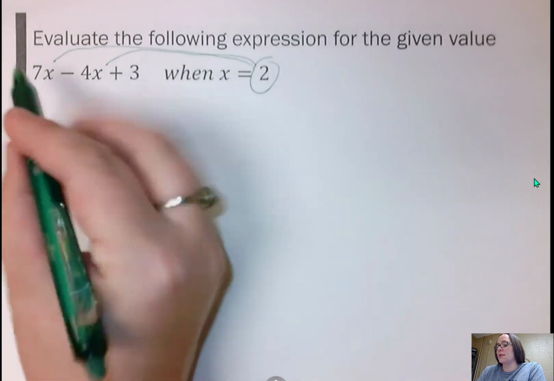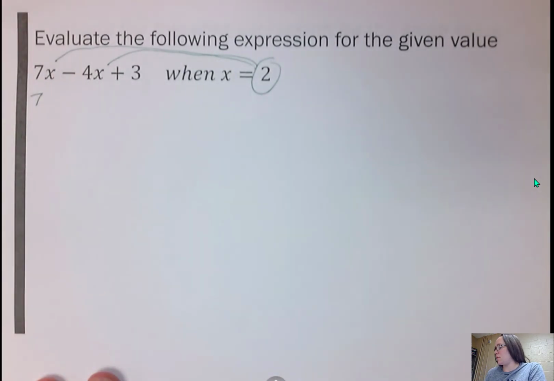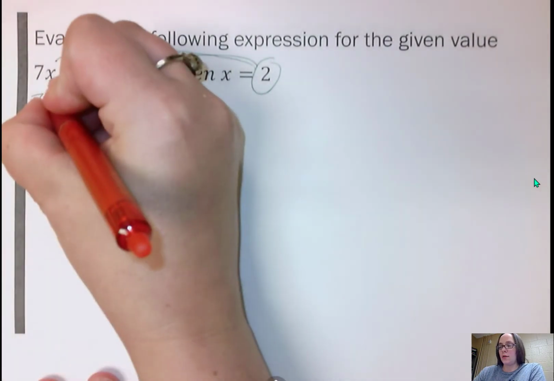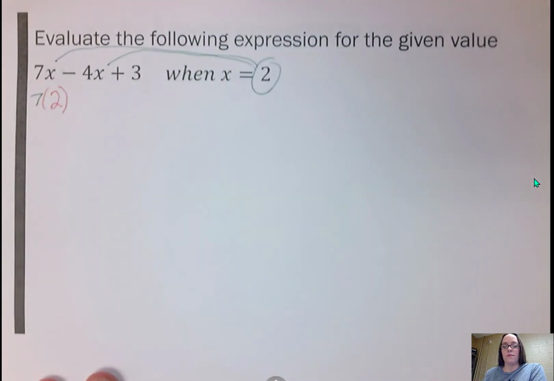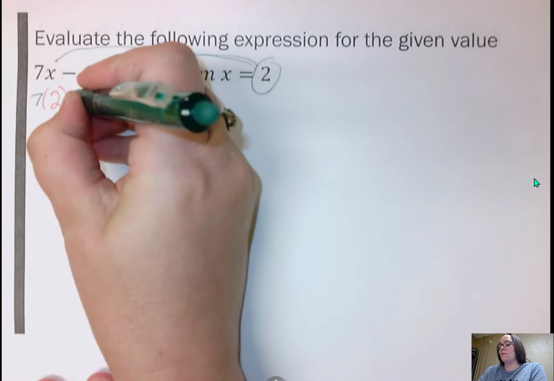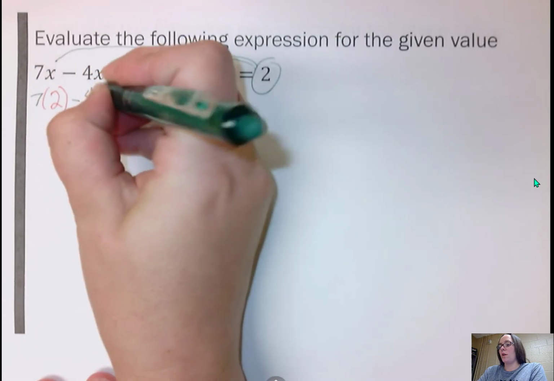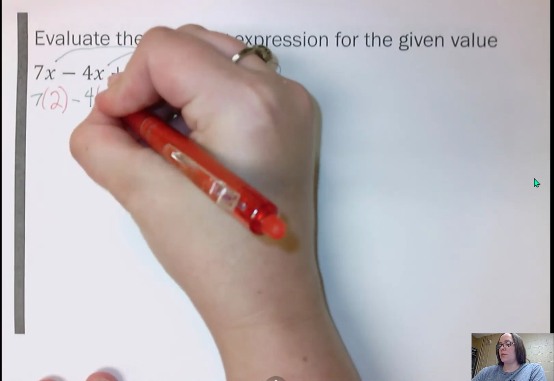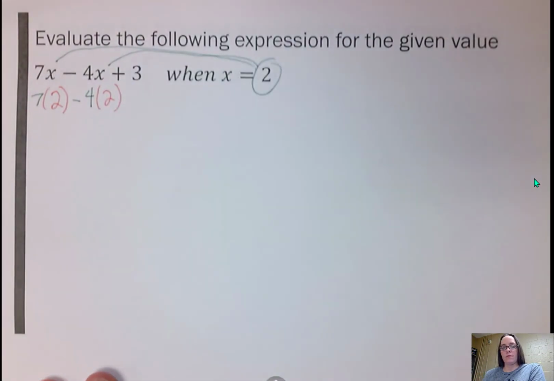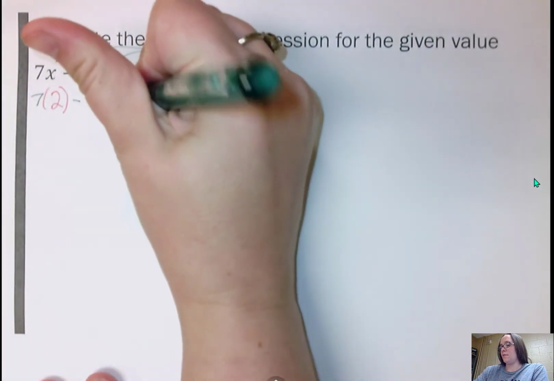So I'm going to get 7 times 2 minus 4 times 2 plus 3.